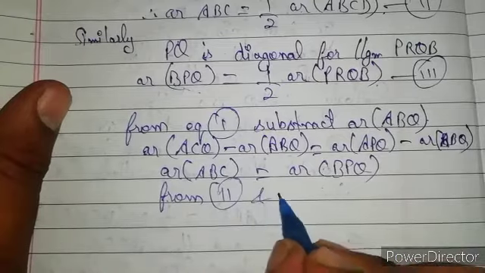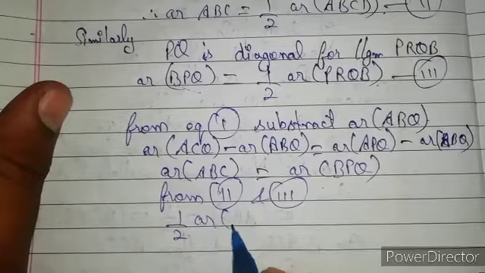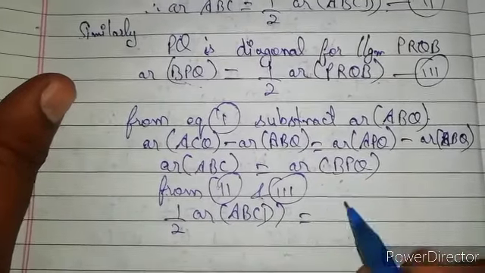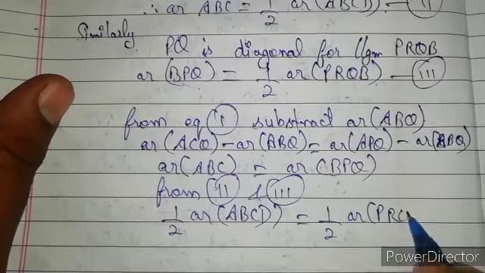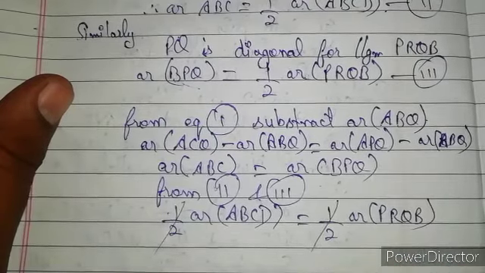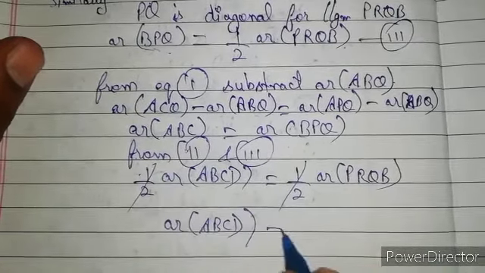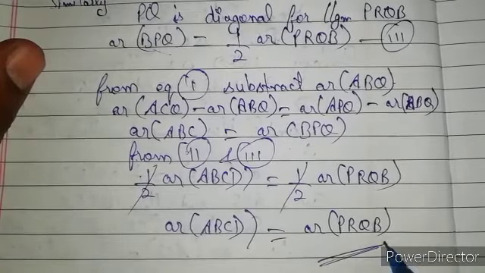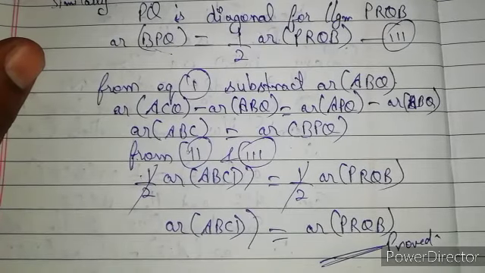So in place of ABC I can write half of area of ABCD, and in place of BPQ I will write half of area of PRQB. Half and half will cancel out, and area of ABCD is equal to area of PRQB. Okay, it is proved. Now let's move to next question, question number 10.